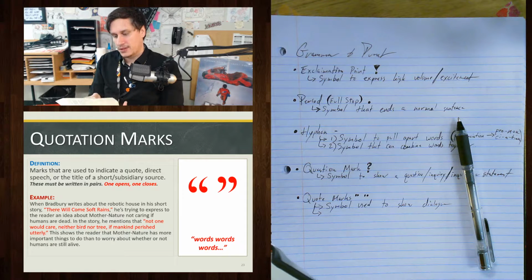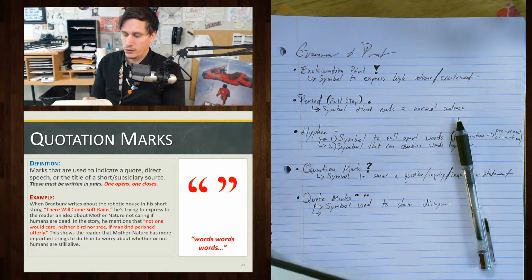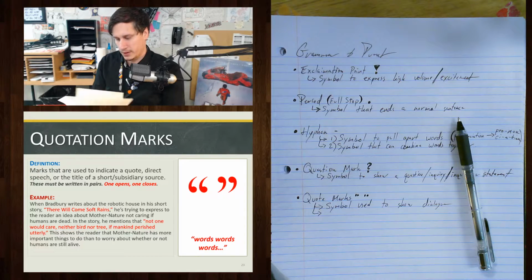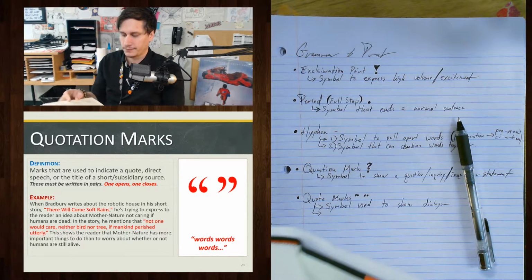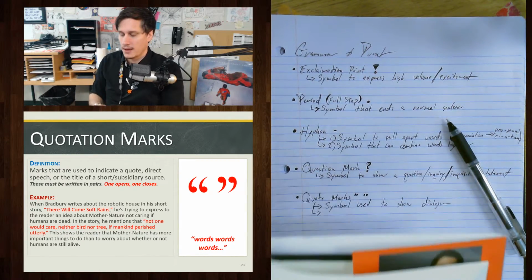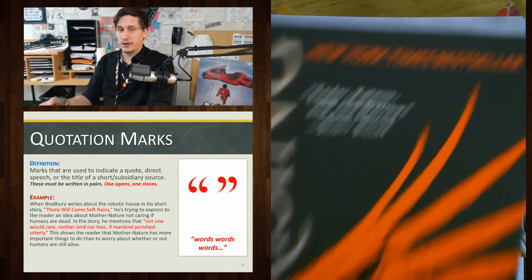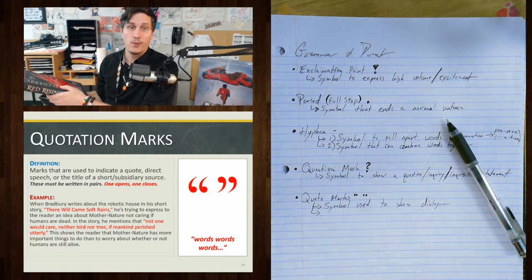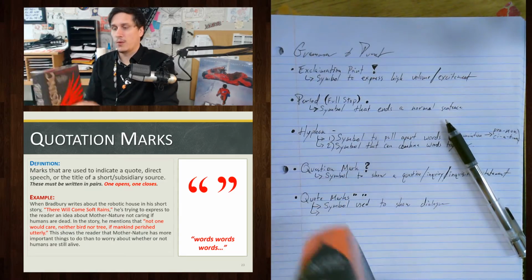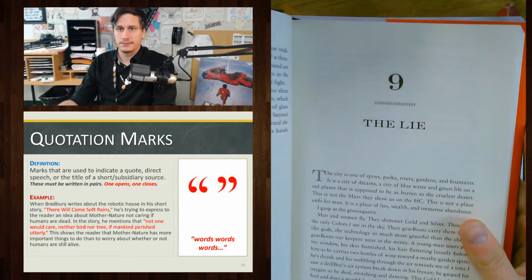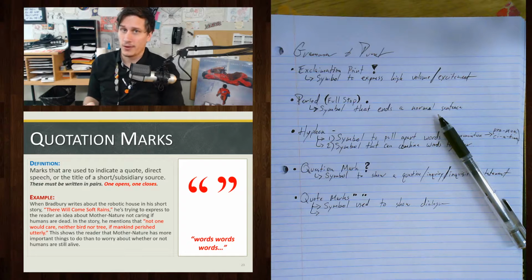Now, let's just say I wanted to show you a chapter of this book. So, the title of this book is Red Rising. Wonderful. Okay. What is this chapter called? If you said The Lie, you are correct.